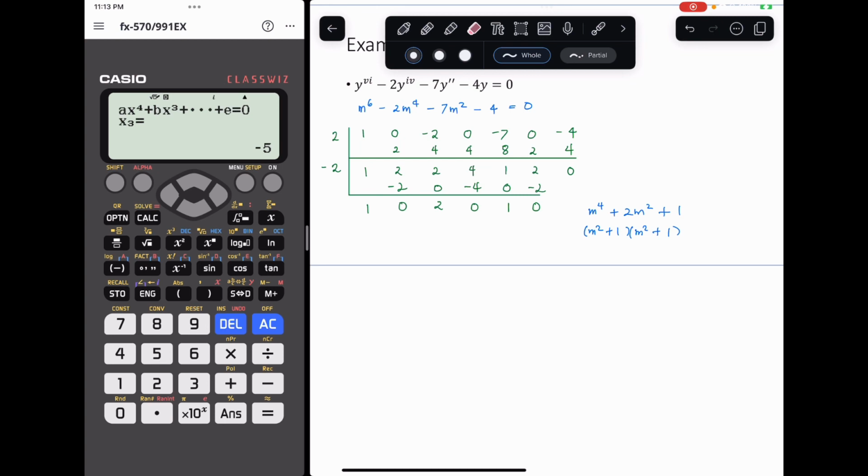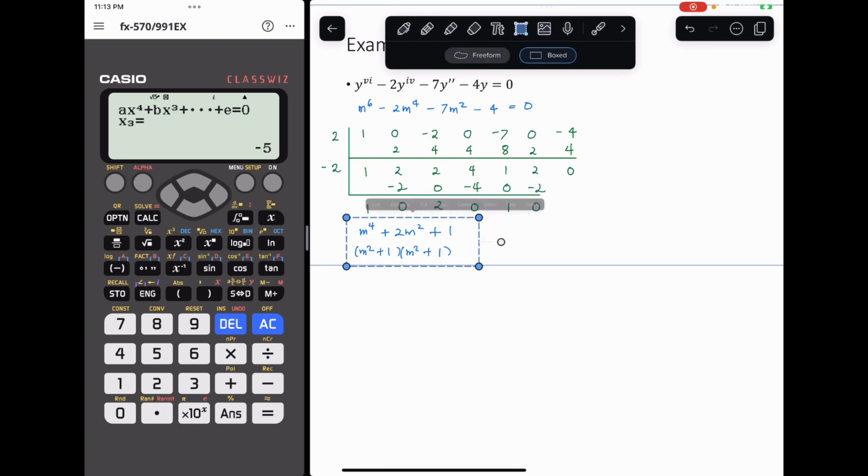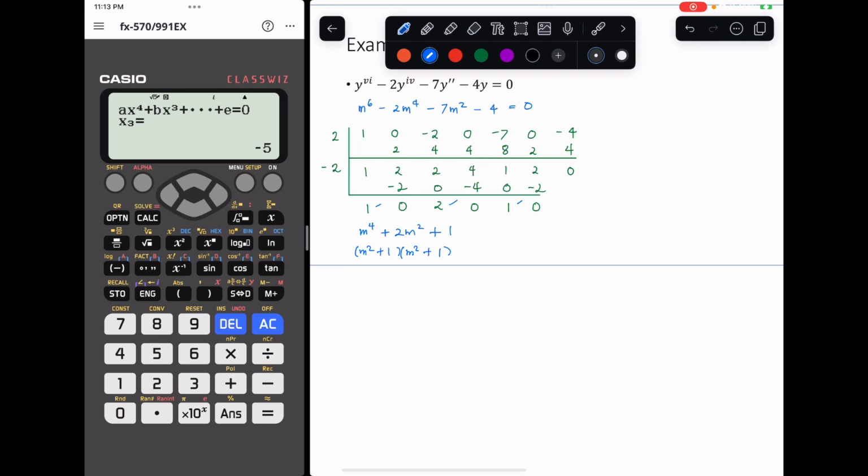And then I have converted this into this one. So this is m to the fourth. And then 0 for m cubed. So it will just become 2m squared and then plus 1. So that would be complex roots.